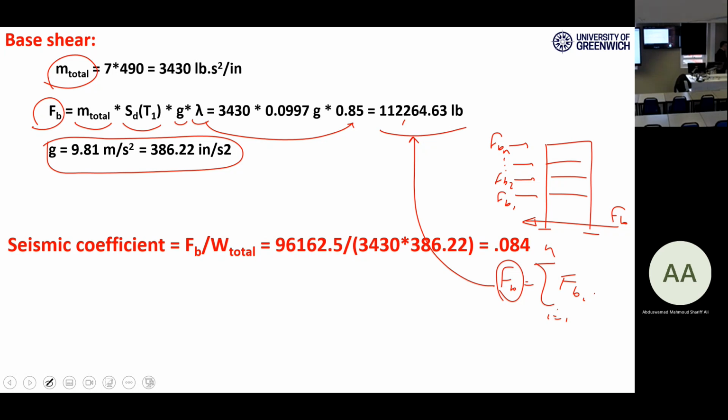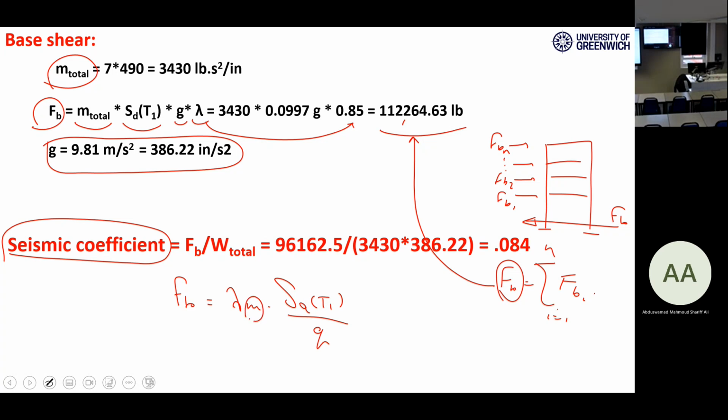And as a rule of thumb, I introduce you a new parameter here, the seismic coefficient. If you remember, FB was lambda M SA T1 over Q. This is the Eurocode formula, wasn't it? Right?